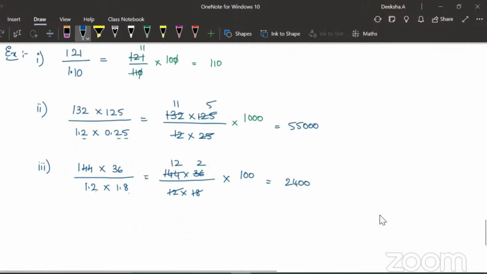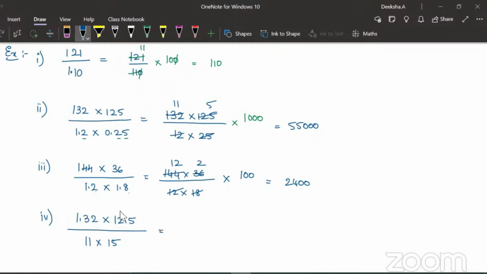Now let us see if it is the opposite way. If you have decimal number only in the numerator and in denominator, you don't have any such numbers. So if you have 1.32 into 12.5 divided by 11 into 15. Okay. So here we have decimal number only in the numerator.